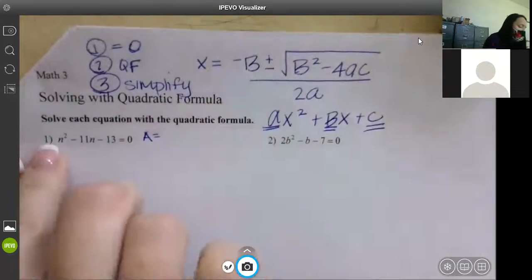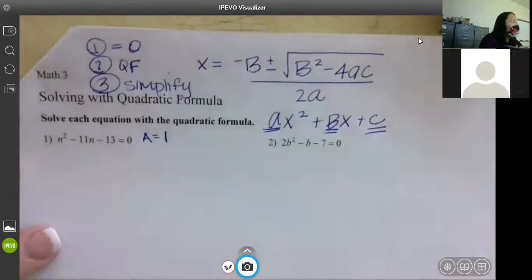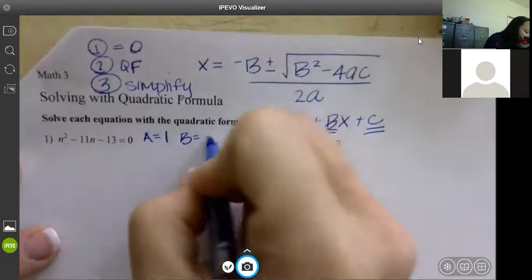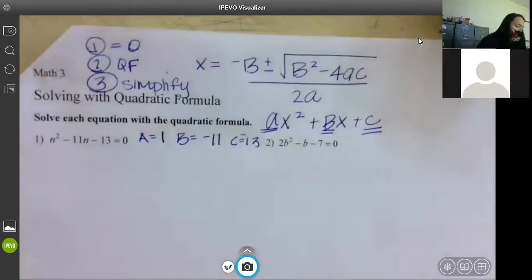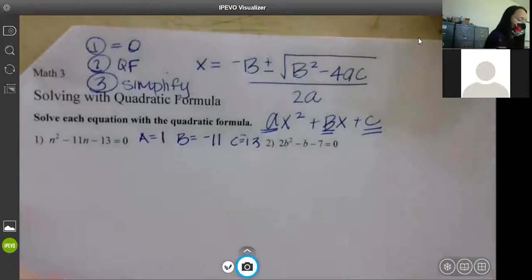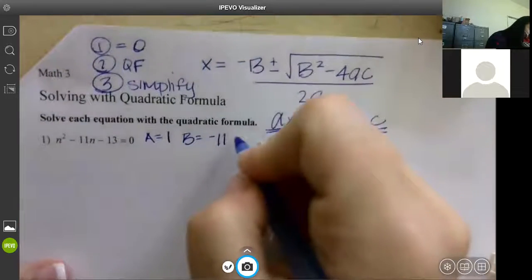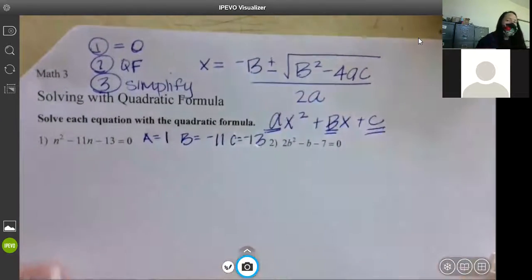So for the first number, the number in front of x squared, if there's not a number, is always 1. So a is 1. b is your middle term, which is negative 11. And c is your last term, which is negative 13. I'm going to make that look a little bit better. Okay.